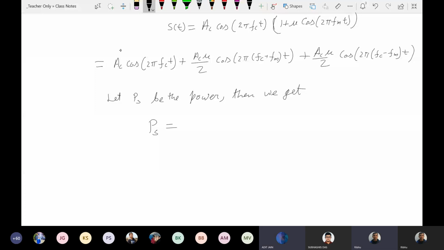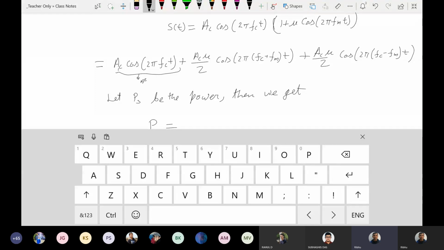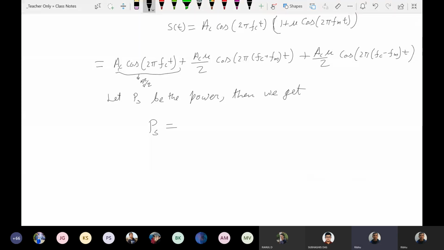It's related to amplitude square, right? Yes, it's related to amplitude square. So for this part, the power of this thing simply is AC square by 2, right? This you should have done in a lot of courses. Even this you should have done in class 12th as well.